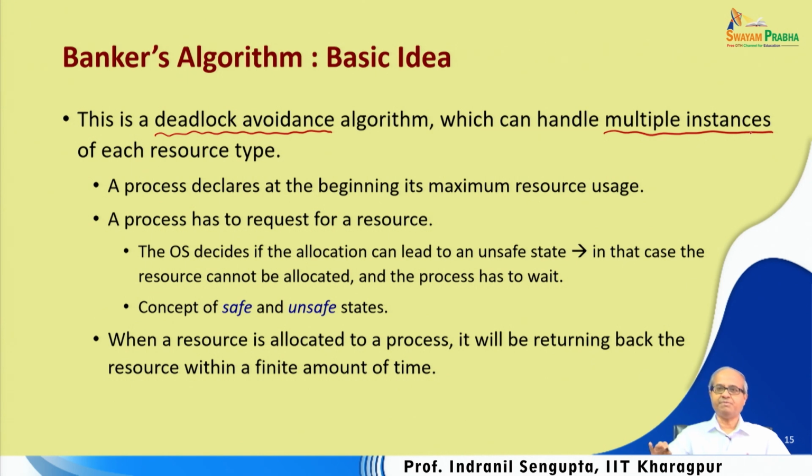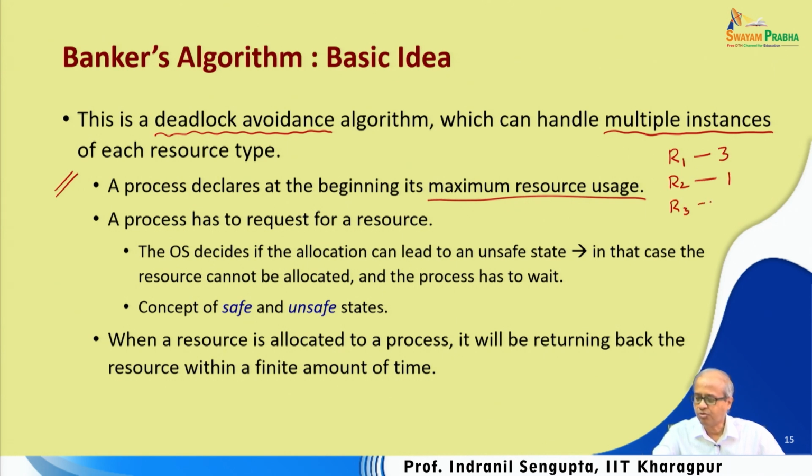Each resource can have multiple instances, and this algorithm assumes one thing which may not be practical in all scenarios: before a process starts execution, the process will declare its maximum resource usage. For example, the process will tell that I need resource R1 3 copies, resource R2 1 copy, resource R3 2 copies. So, it will have to declare beforehand.